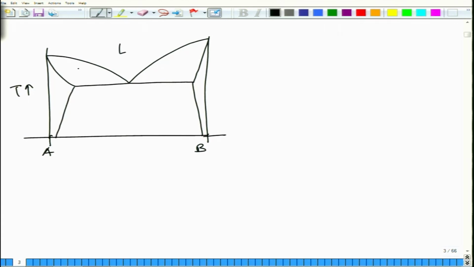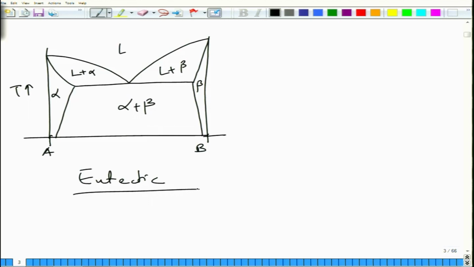So this is liquid plus alpha phase, this is the alpha phase, this is the beta phase region, liquid plus beta, and then you have the alpha plus beta phase region here. This is a eutectic phase diagram where A and B do not have a large difference in melting points. They have partial solid solubility for each other in the solid phase, and this is constructed by looking at the free energy composition diagrams at various temperatures.